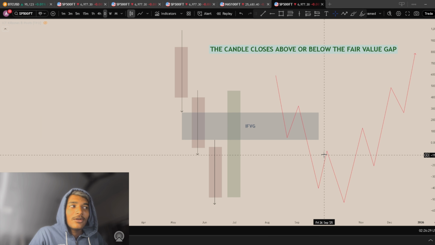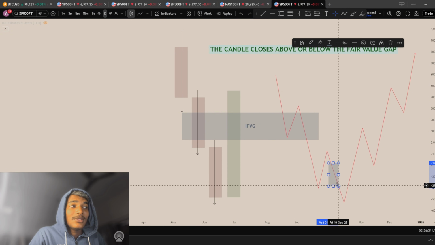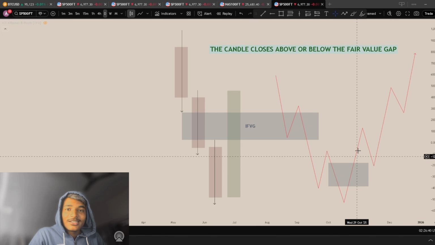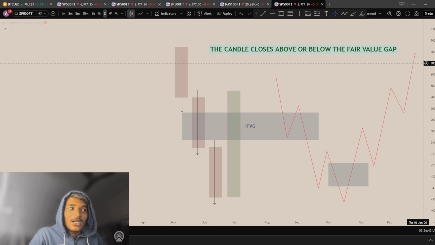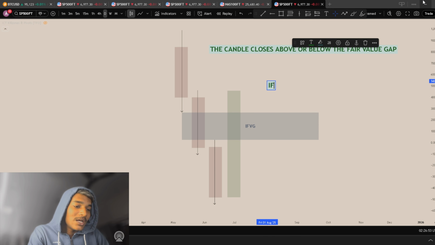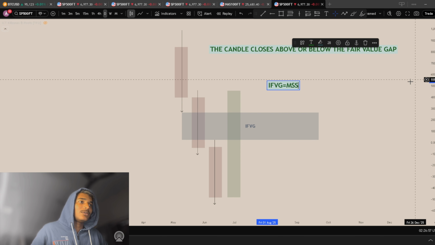But you don't have to look at this swing high, you just have to mark the fair value gap in this leg, and if the market disrespects it, then it will continue moving higher. So in short, inversion fair value gap is equal to market structure shift.